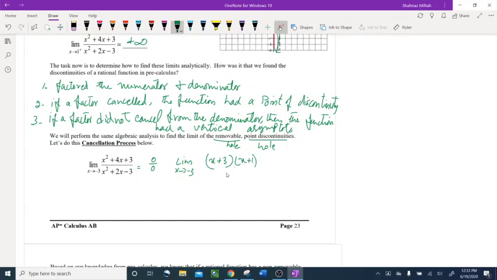If you don't know how to factor, please watch my algebra 2 videos so you can refresh everything. This is x plus 3, x plus 1. Again, in the bottom, I have x plus 3 and x minus 1. If you see the factoring, I'll just show you for this one. You have 2 x's and you have 3 and 1. The factors of 3 are 3 and 1.